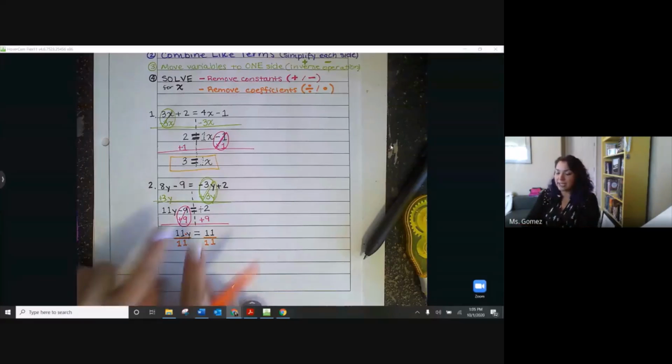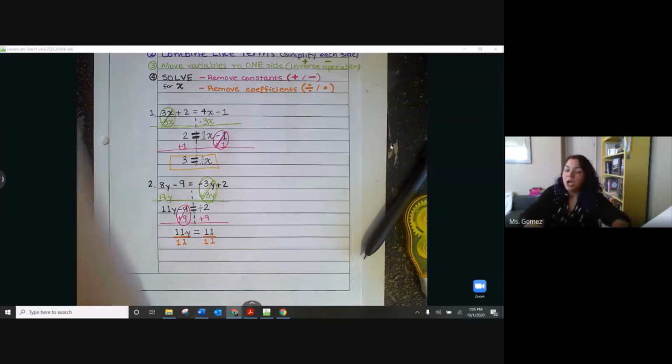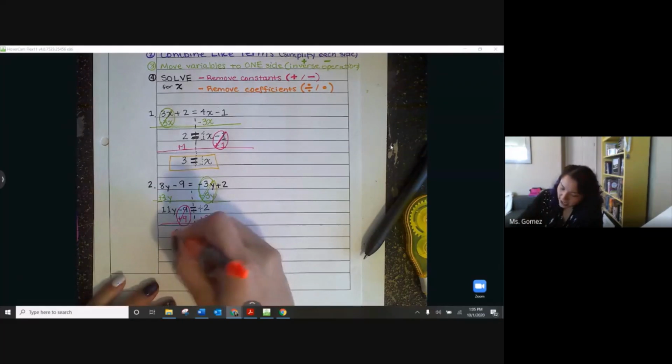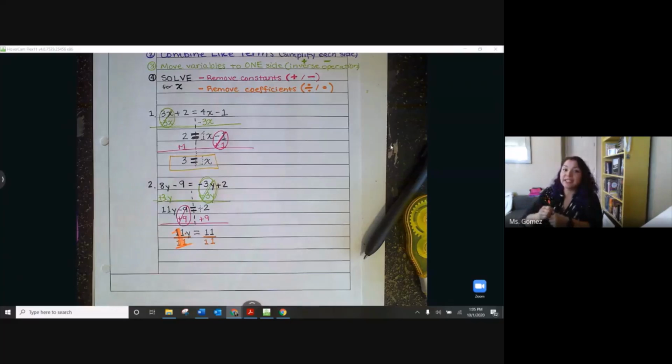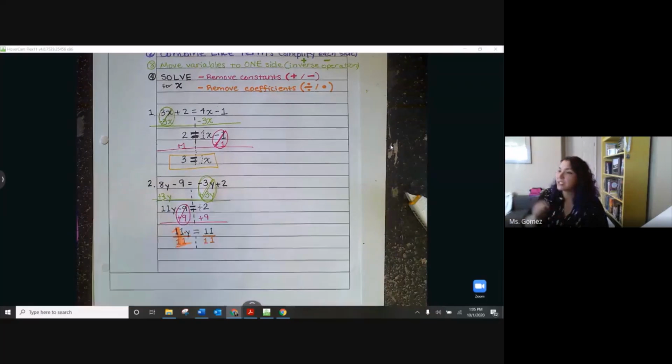So what is 11 divided by 11? Let's see who knows this answer. 11 divided by 11. Christopher, thank you, sir. So in that case, what do I have remaining on the left side of the equal sign?